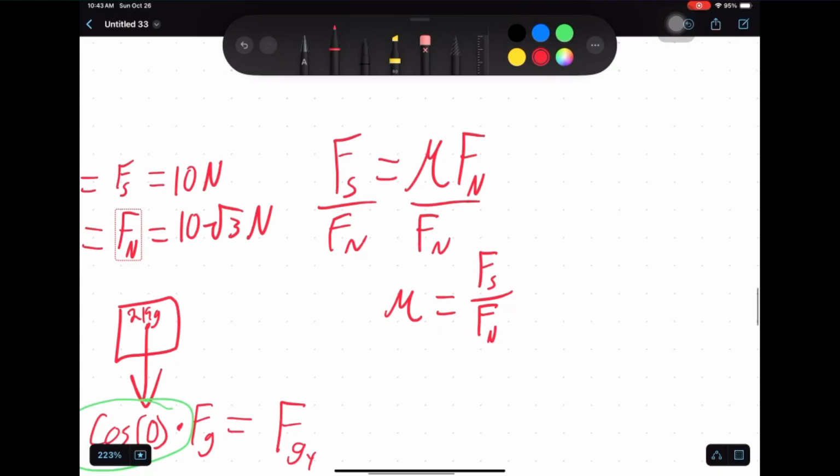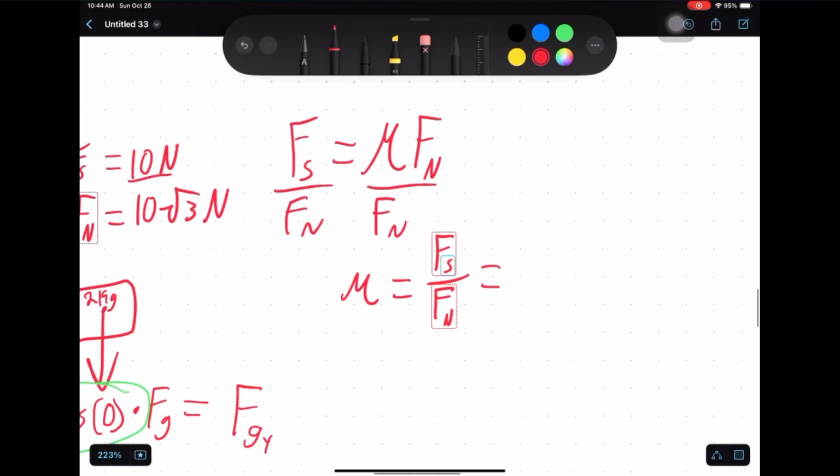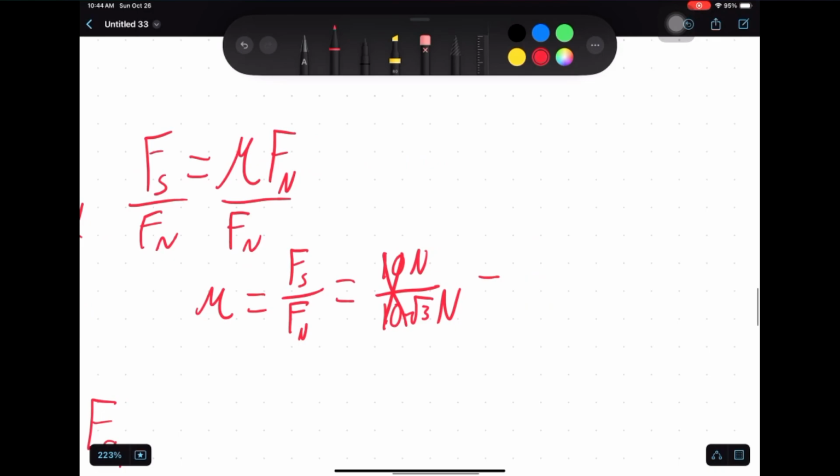Now, we're just going to divide those two numbers. That's it. So our static friction again is 10 newtons divided by our force normal, which is 10 root 3 newtons. When we divide this out, it's going to cancel the 10s, and we are going to be left with our coefficient of friction equaling 1 over root 3.